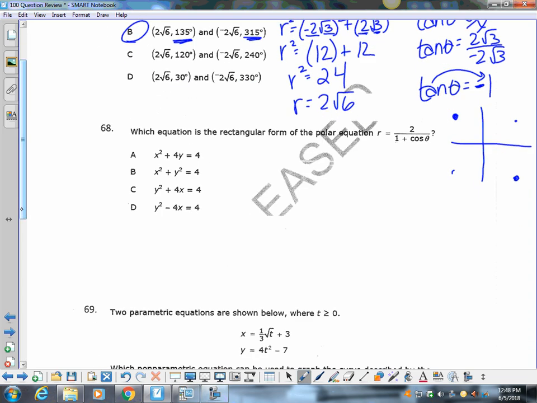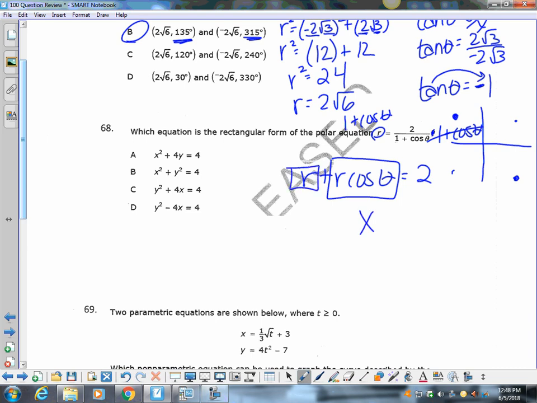Okay, again, this is one of those, what is it? It could have said, what is it, a circle, a parabola, hyperbola, or an ellipse. We're going to do this one the same. This one's a lot simpler. These are going to cancel. I'm going to distribute my r because I know that that is x.